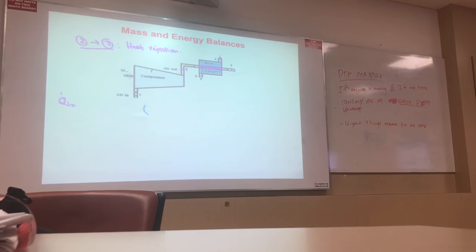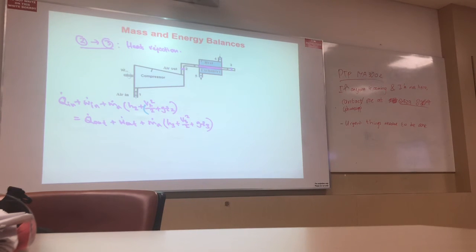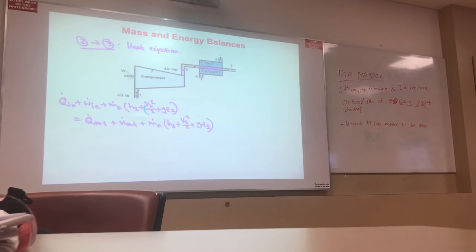Q dot in plus W dot in plus m dot air times (h2 plus V2 squared by 2 plus g z2) is equivalent to Q dot out plus m dot air times (h3 plus V3 squared by 2 plus g z3). Correct.